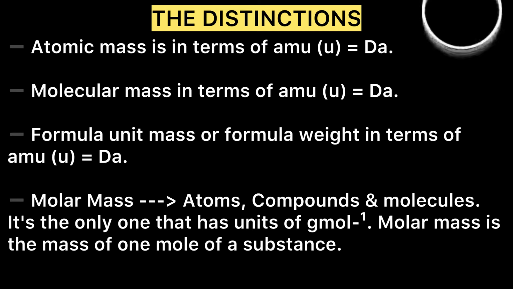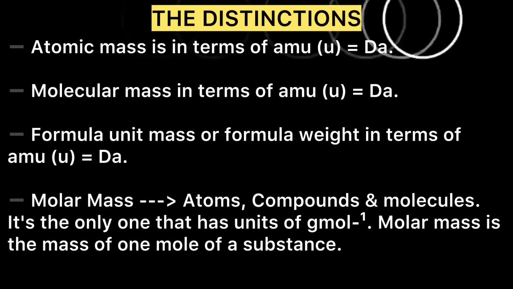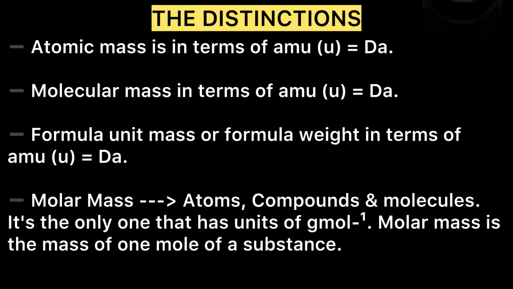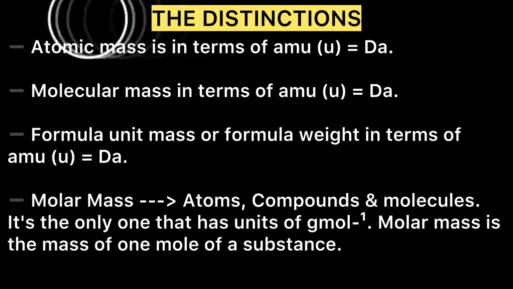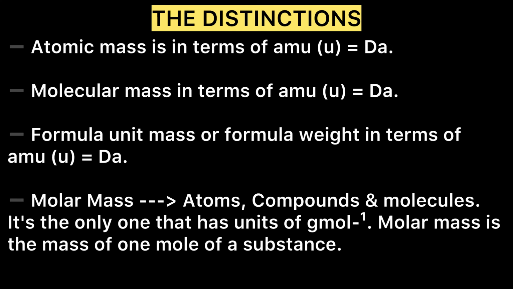Look at your JAMB past questions: they give you the relative atomic mass of elements in brackets, and they don't add units, because they don't have units. Molar mass has units. That's why when we calculate number of moles equals mass over molar mass, we know molar mass is gram per mole.